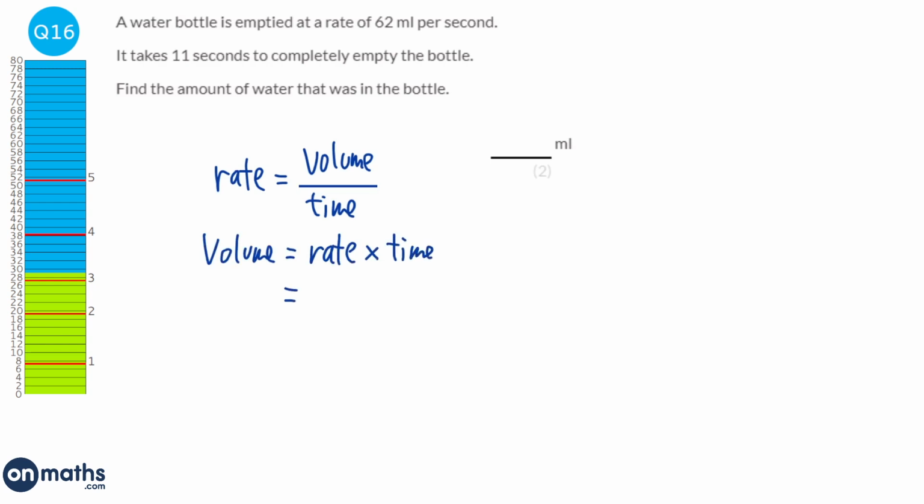Now it says the rate is 62 milliliters per second, so we've got 62 in there. The time is 11 seconds, so we just do 62 times 11, which is 682. Not seconds, milliliters, because it's volume. So 682 is our answer.